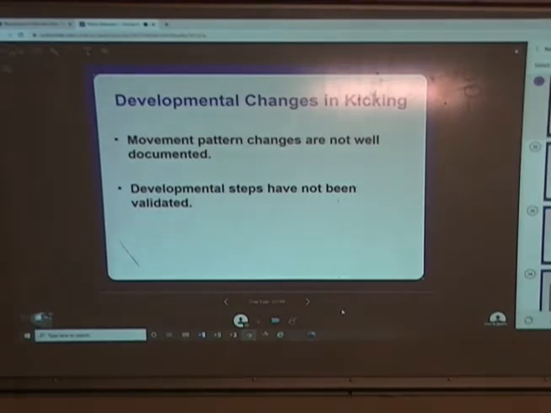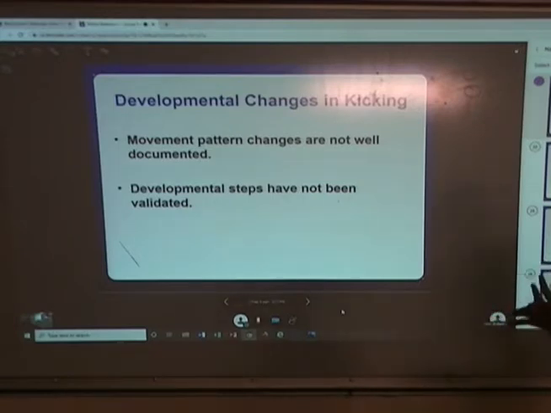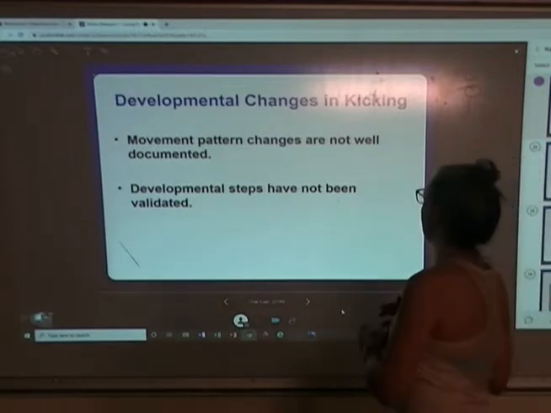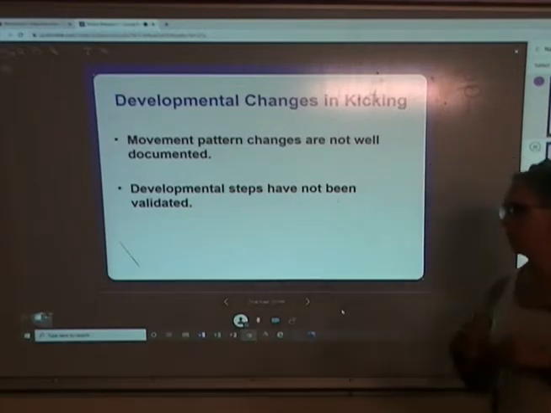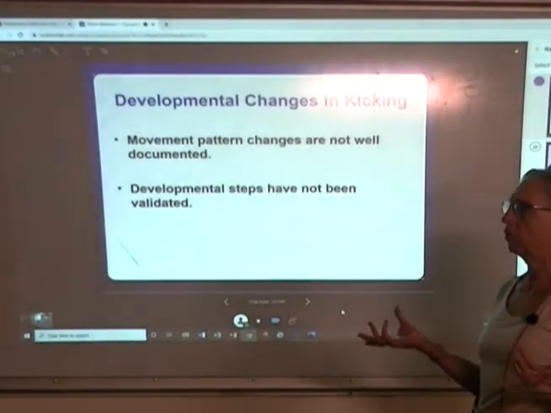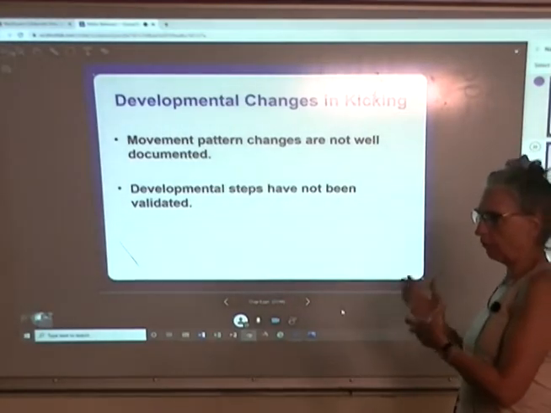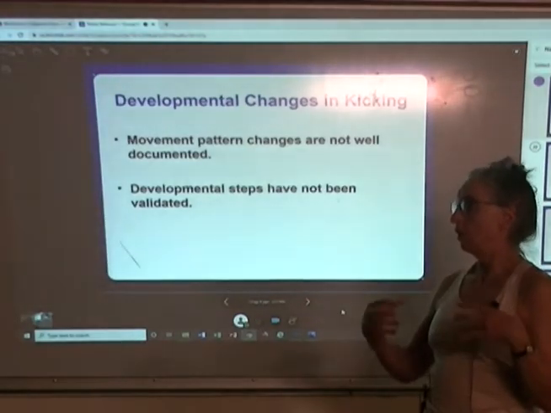So let me start this slide again then, just in case it didn't record either. So there's nowhere near the amount of research on kicking that there is on throwing. So we don't have a validated sequence, we don't even have a hypothetical developmental sequence and observation plan for kicking in the book.